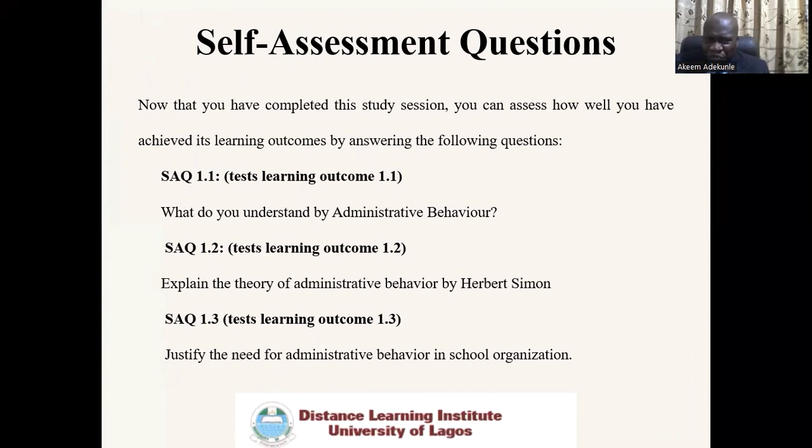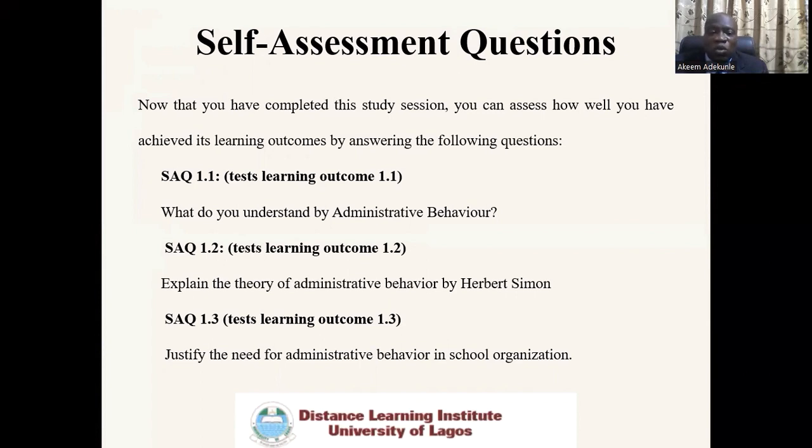Now that you have completed this study session, you can assess how well you have achieved its learning outcomes by answering the following questions. The first question is: what do you understand by administrative behavior?